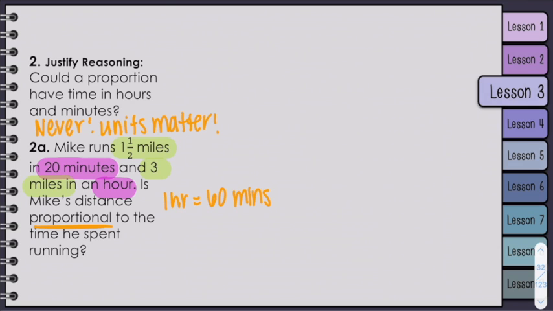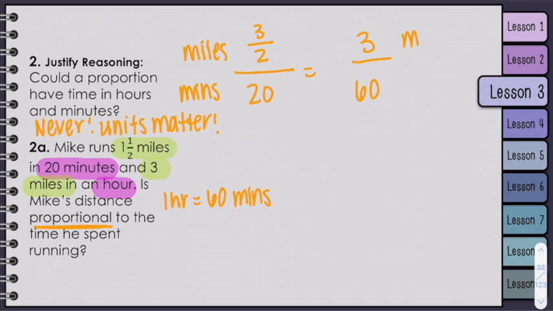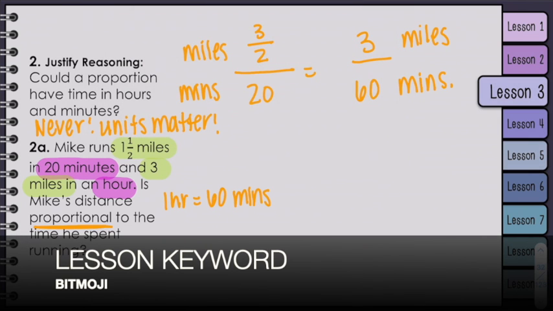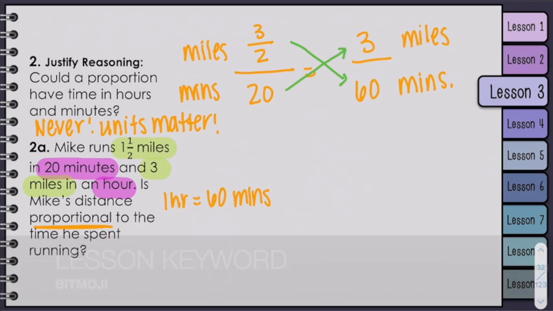So we have 3 halves. I converted 1.5 into an improper fraction, in 20 minutes. So you have your miles over your minutes set equal to 3 miles in 60 minutes. Again, still matching up your units. So here you want to see if your cross products are the same, 20 and 3, and 3 halves and 60.